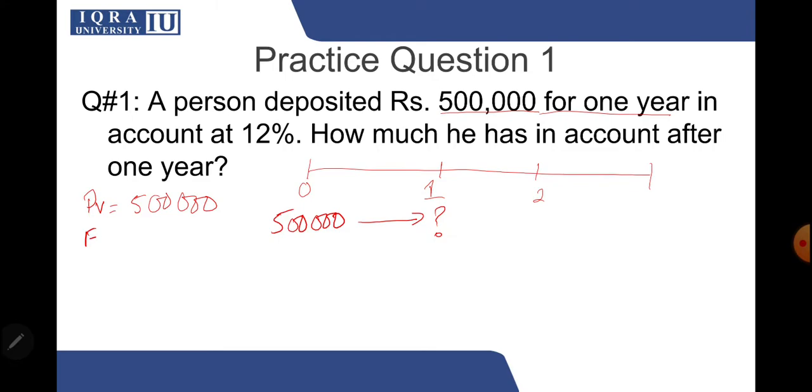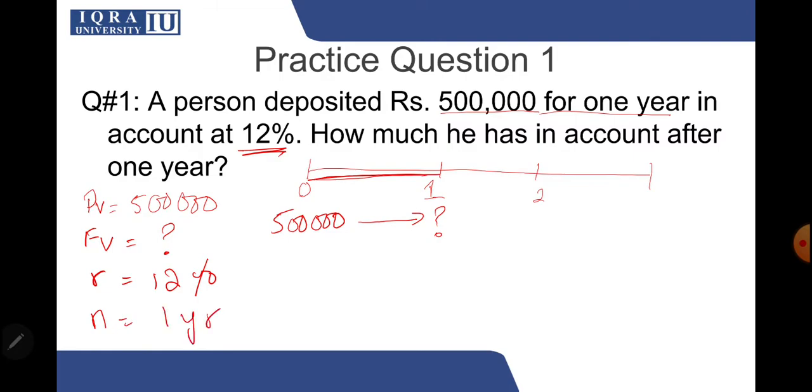So you want to figure out the future value. The R over here is 12% and the number of periods is 1. So 0 to 1 represents one time period. So over here you have N, 1 year.